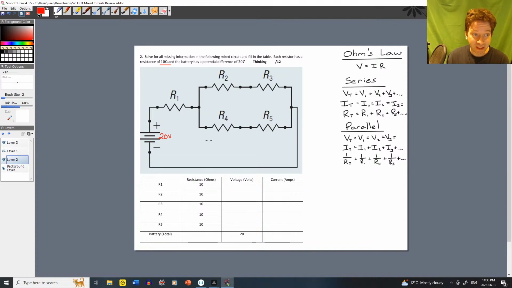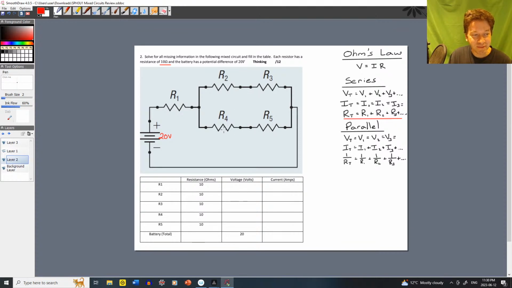So to do that, we are going to make this mixed circuit into a little bit more of a simple circuit. So notice that R2 and R3 are connected in series. Now for a series circuit, those resistances are just going to add. So we can simplify this by replacing R2 and R3 with one resistor.